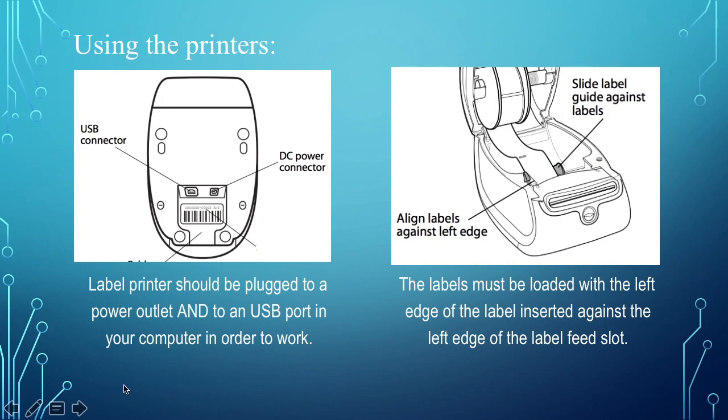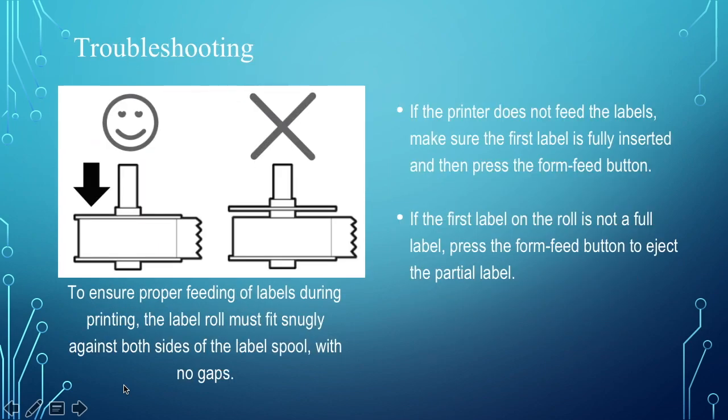So our label makers are thermal, as I said, which means they run on no ink. All we need is to hook them to a power source, and then we will have a USB connector, and we will put all of our labels and slide them all the way over to the left edge and feed them through the slot. Now, if there's any question about how to load the labels, feel free to reach out to that local NPC.